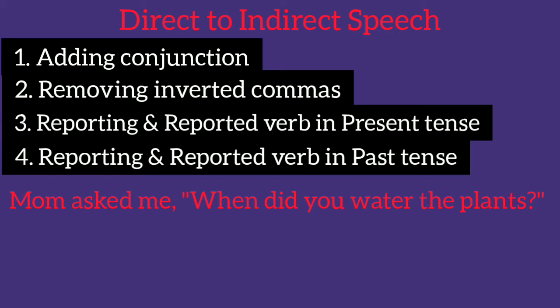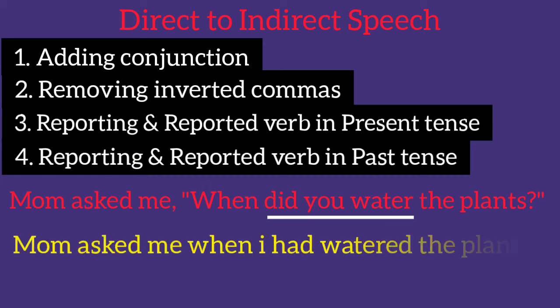And the reported part is in simple past tense. Hence, it should be changed into past perfect tense by the rule 4. So, the indirect speech is Mom asked me when I had watered the plants.